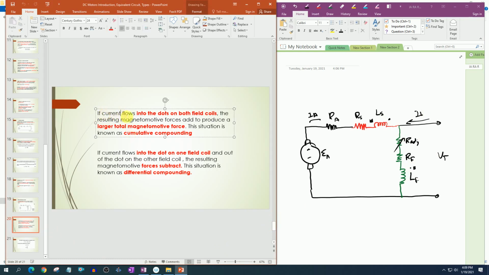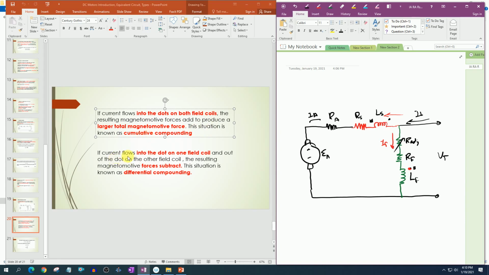If current flows into the dots on both field coils, like this dot and here is also a dot, then the resulting magnetomotive forces add to produce a larger total magnetomotive force, and this situation is known as cumulative compounding.